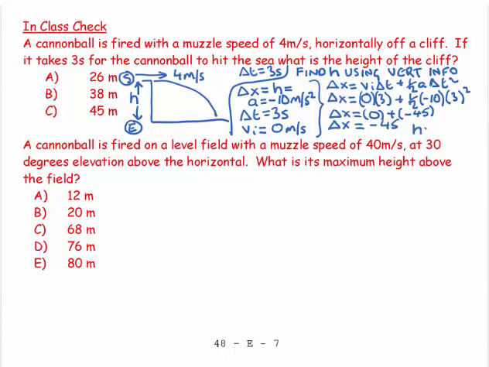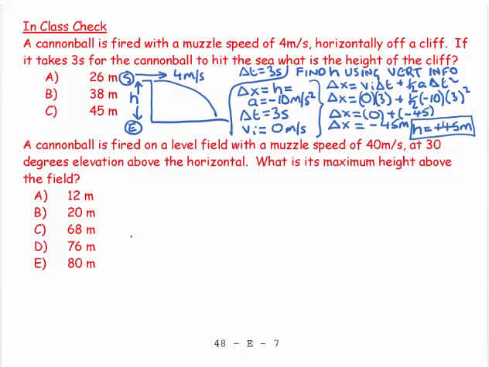So now my displacement is equal to minus 45 meters. My height, I'm really talking about a scalar, and my height would equal 45 meters. It's not negative because it's not a displacement, it's a height.